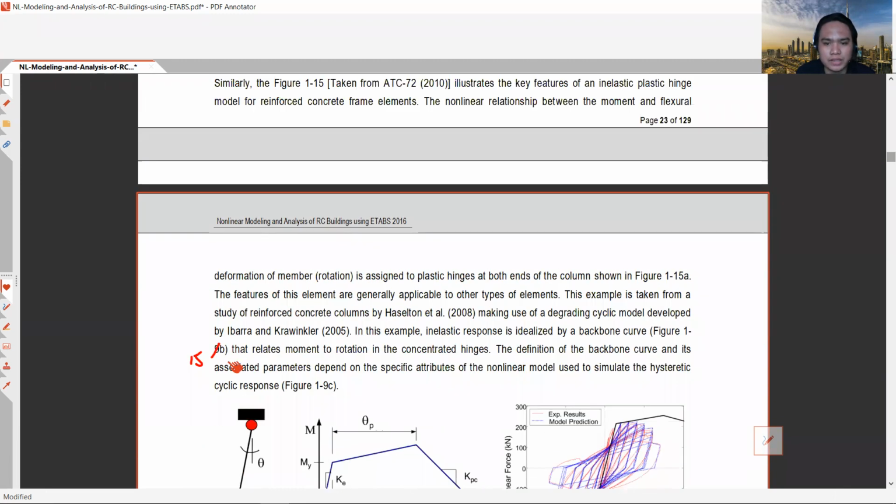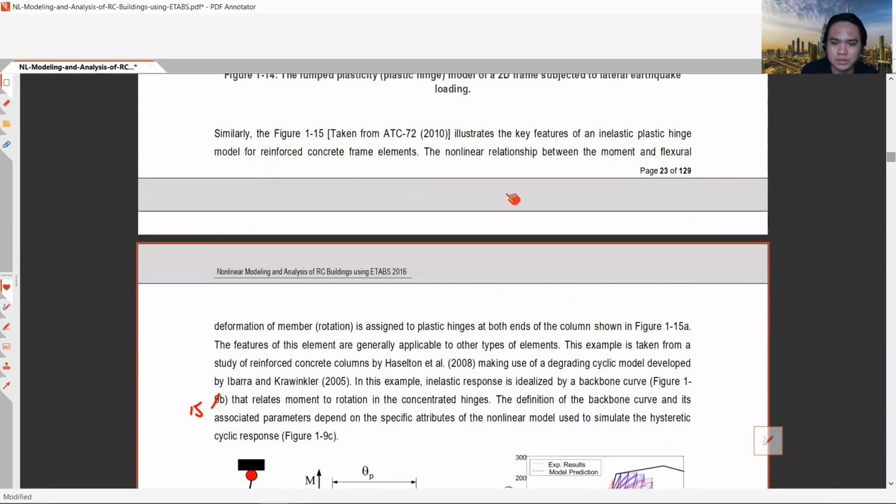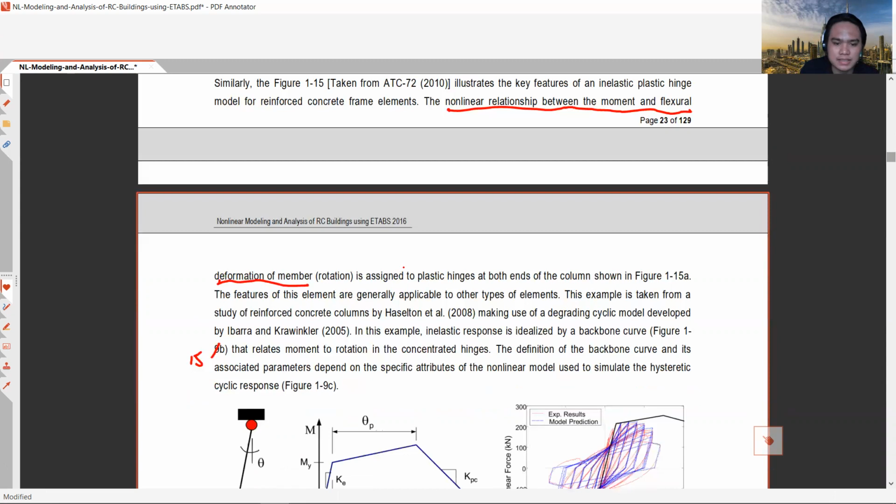So ito daw yung flexural deformation of members. So the nonlinear relationship between the moment and the flexural deformation of the member is assigned to plastic hinges at both ends.